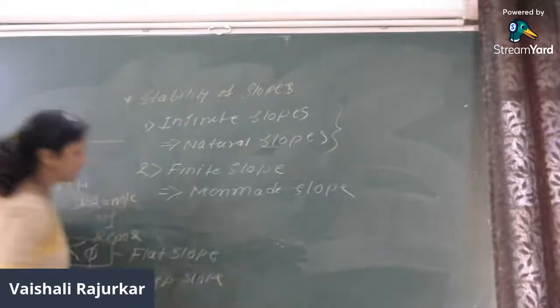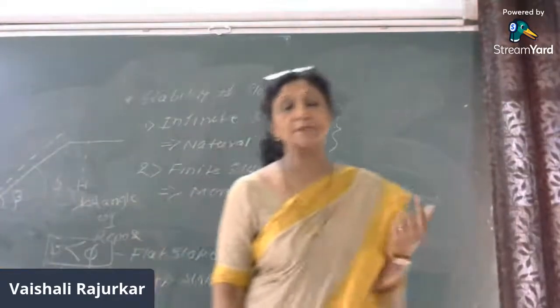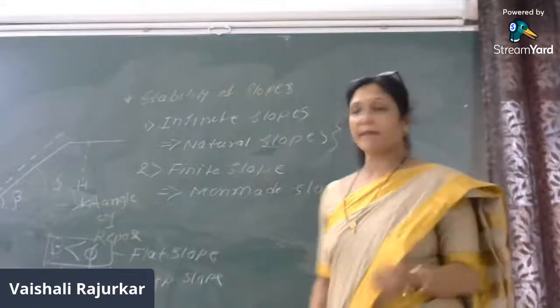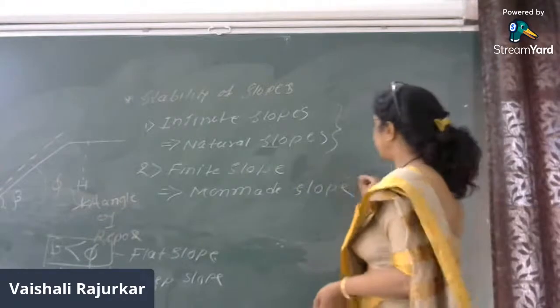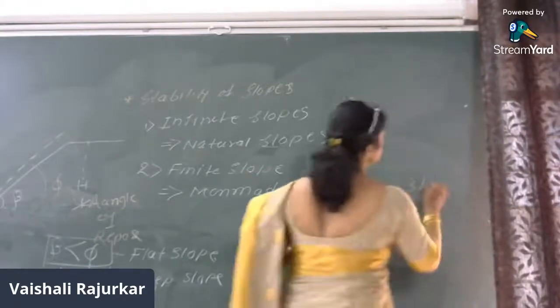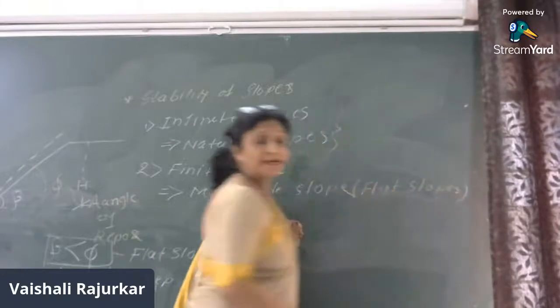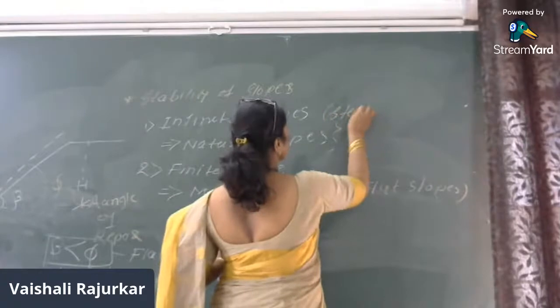Always remember that steep slopes are more dangerous as compared to flat slopes. Therefore, man-made slopes, the finite slopes, are flat slopes. As these are flat slopes, their stability is more as compared to steep slopes.